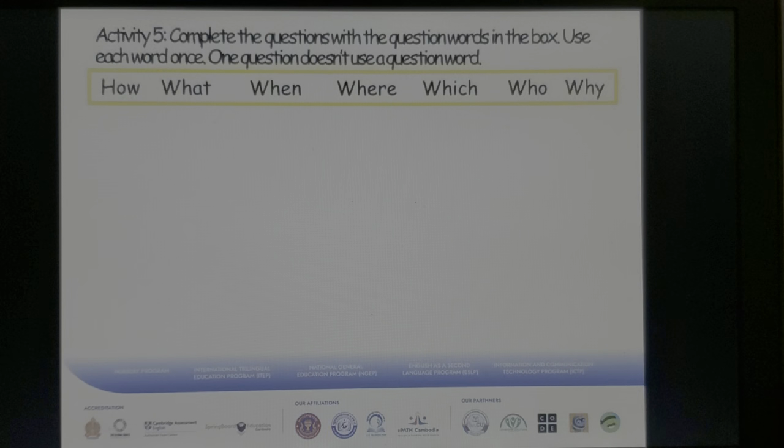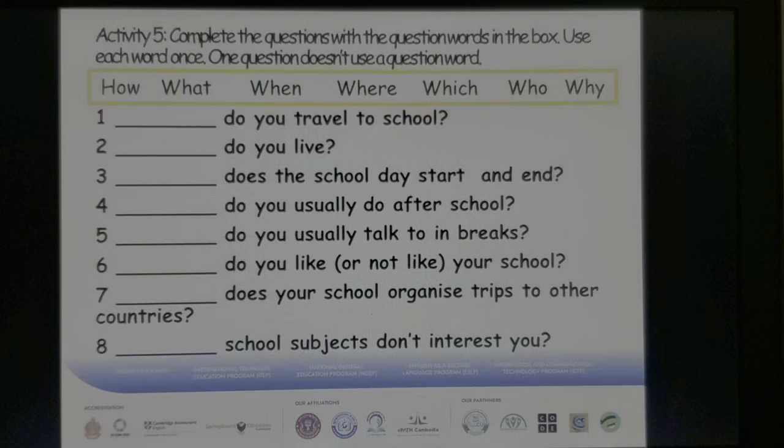So let's start. Okay. So activity 5, complete the questions with the question word. Here: how, what, when, where, which, who, and why. Use each word once. It means that you use it only one time, only one time for each question. Okay, so here are the questions. Do you travel to school? Do you live?